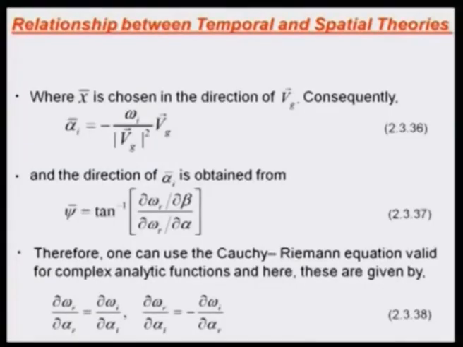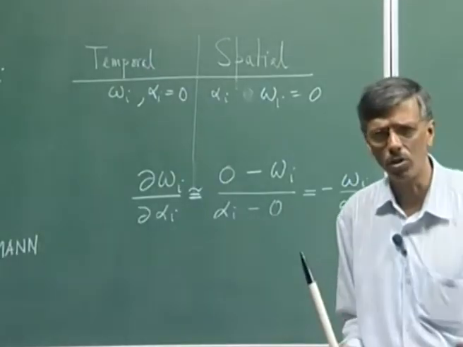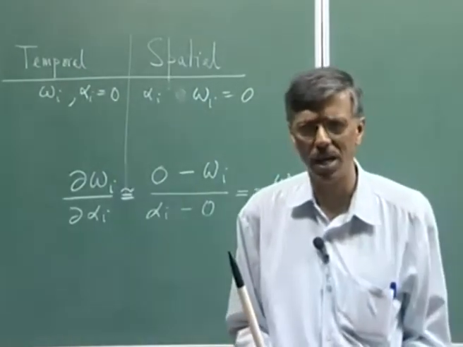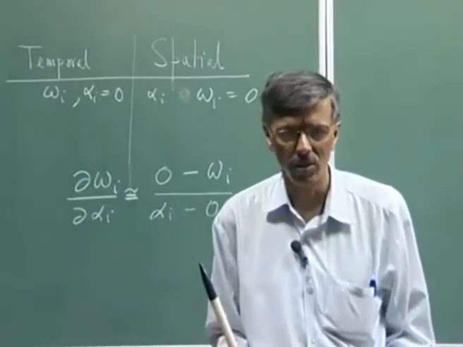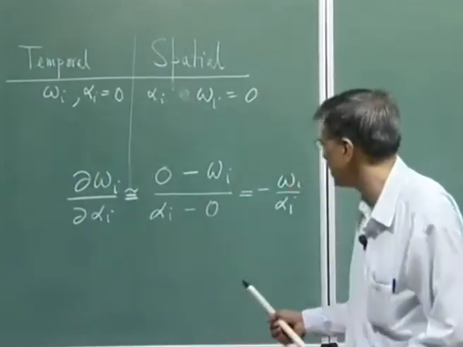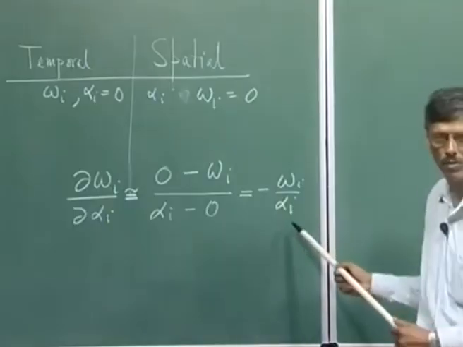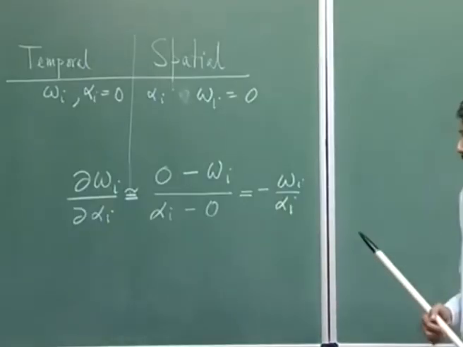But that is okay. This we can live with, because we are dealing with linear theory. So, the growth rates in space or in time are going to be small quantities. So, I can afford to take this kind of a first order approach in defining that. That is precisely what we do.